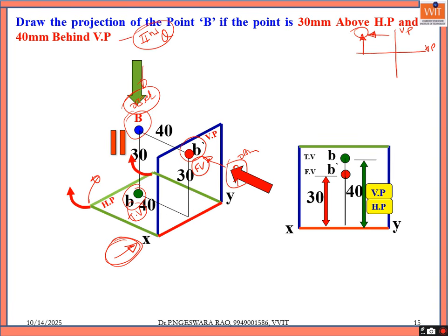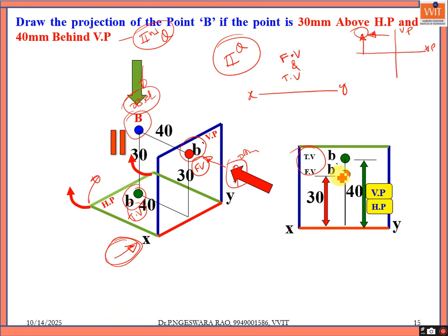Both the front view image and the top view you will get on this side, above the XY line. That means in the case of the second quadrant, if this is a horizontal line, what we call the reference line XY, after rotation both the front view and top view are above the XY line, so we must draw both above the XY line.